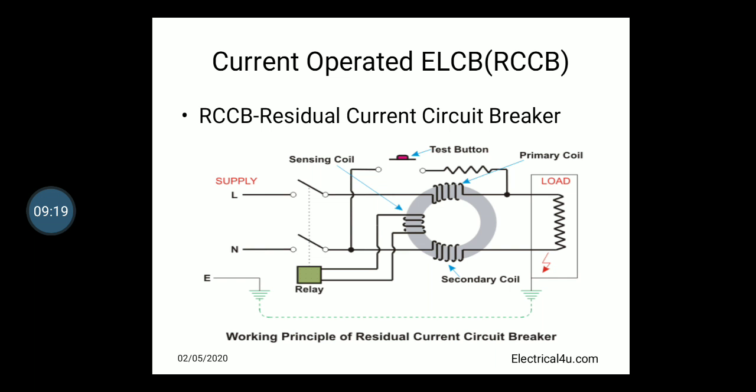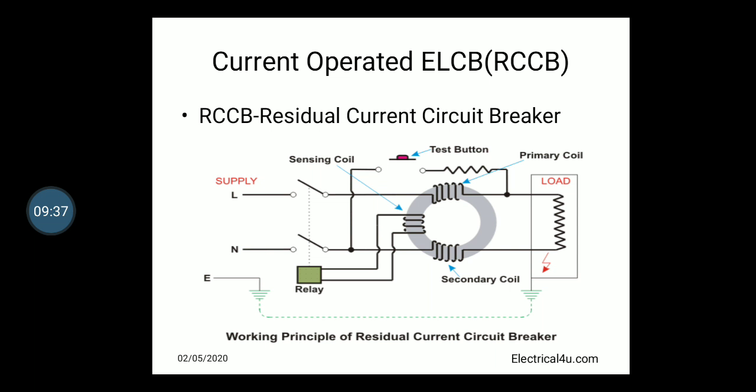That means the primary and secondary coils of the RCCB are polarized so that they create magnetomotive force which is equal in magnitude but opposite in polarity.